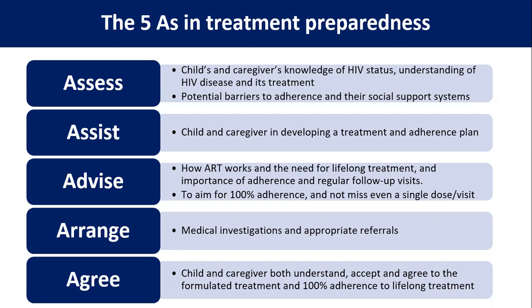So therefore, ART has to be taken regularly, and then you have to also arrange for the medical investigation and appropriate referrals if they are required, and you have to agree that the child and caregiver both understand whatever has been told by you, and they agree to the formal treatment of the ART and will adhere 100% to the treatment lifelong. So these are the 5 A's which we should always be talking about: assess, assist, advise, arrange, and agree to the treatment.